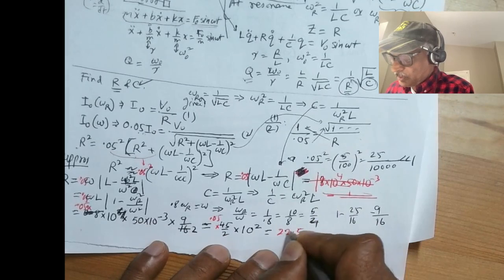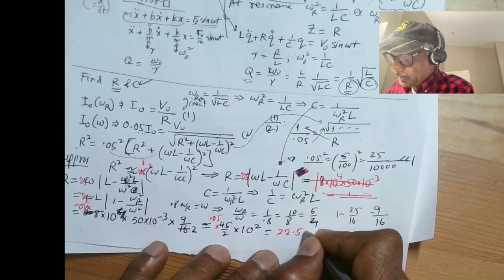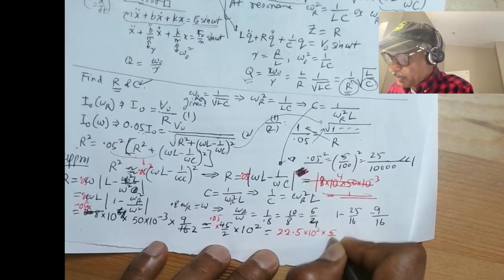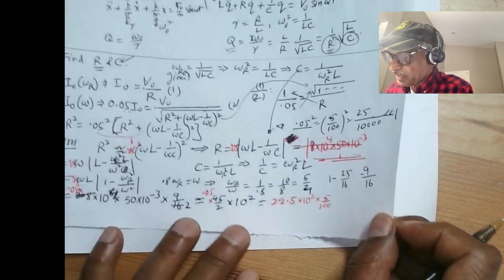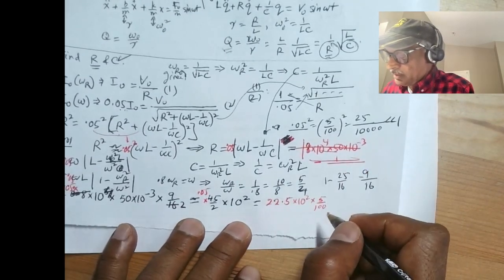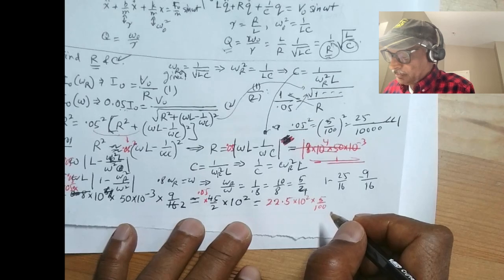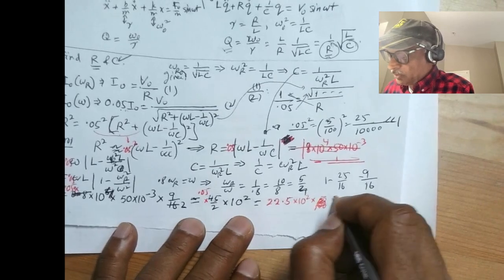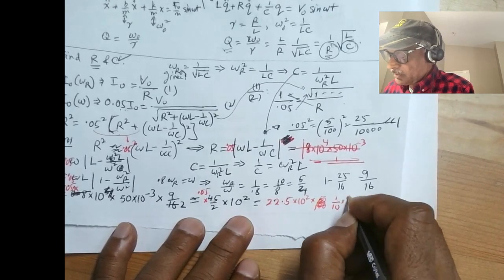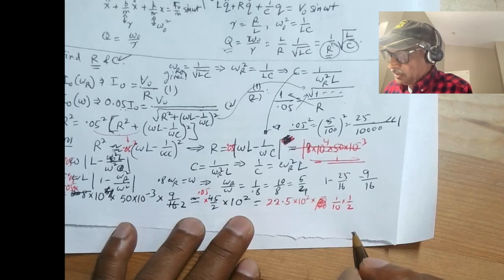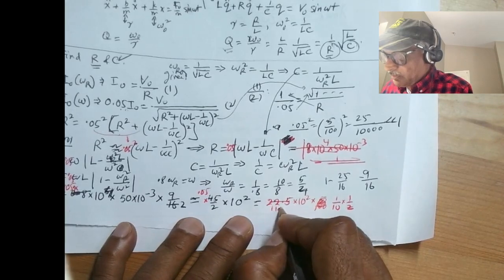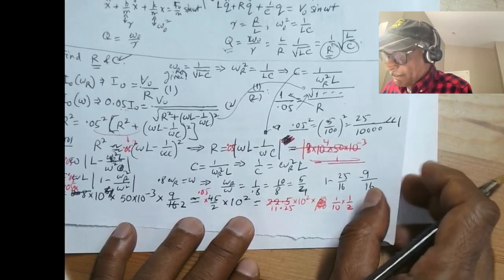So 22.5 times 10 to the 2 times 5/100. Maybe I can just write down 1/10 times half. So 211.25.